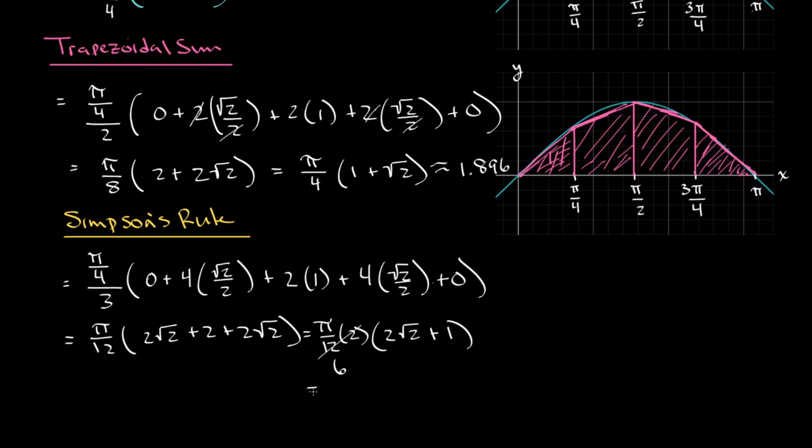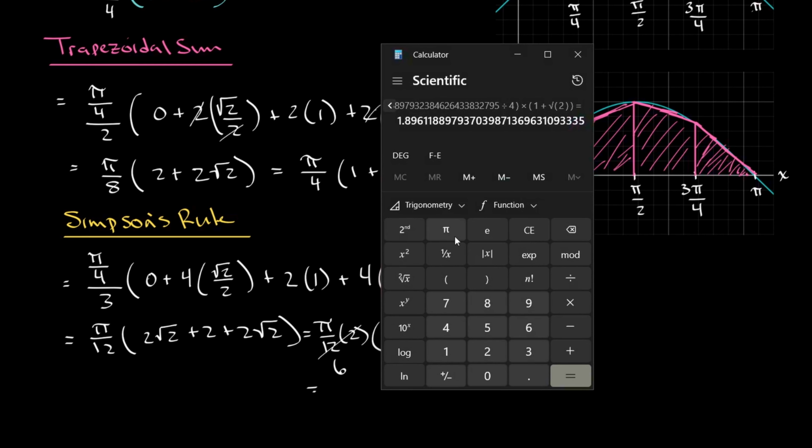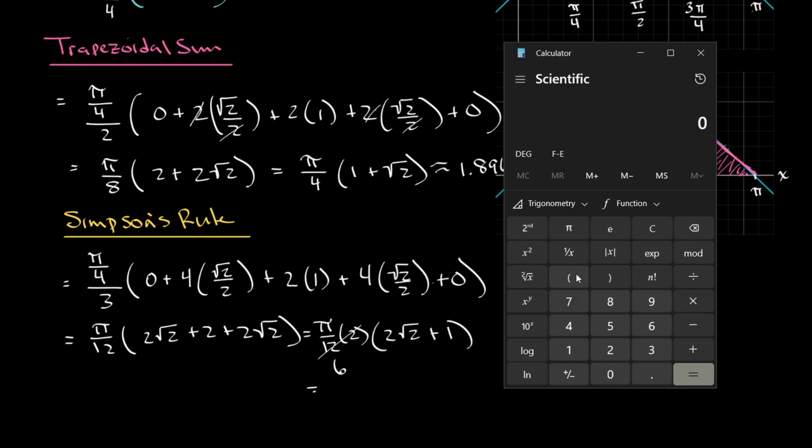So what does this come out to? Let's pull up the calculator. Let's see what we get. So let's clear that. And we're now going to be having pi over 6, and then multiplying by 1 plus 2 times the square root of 2.